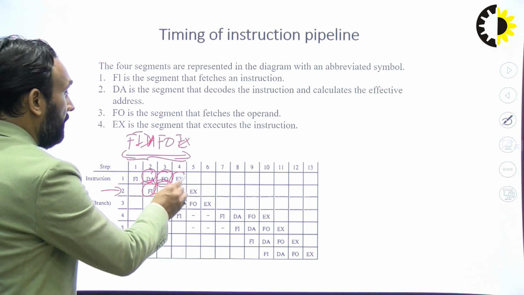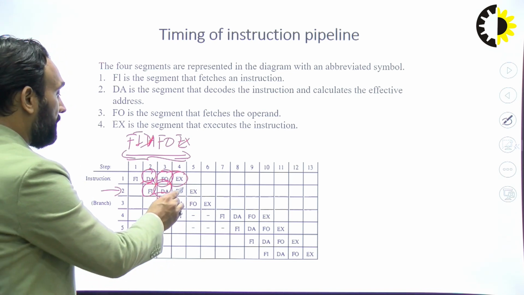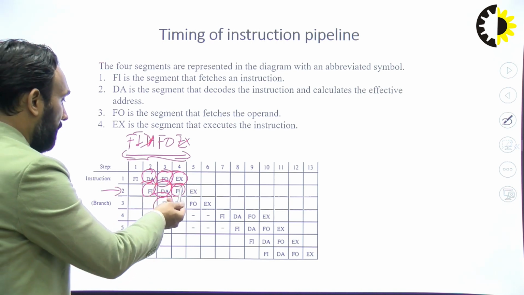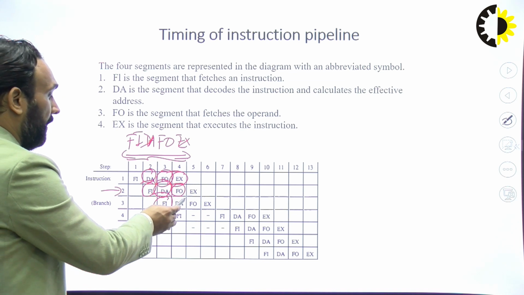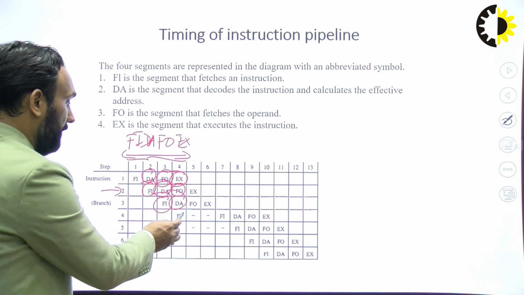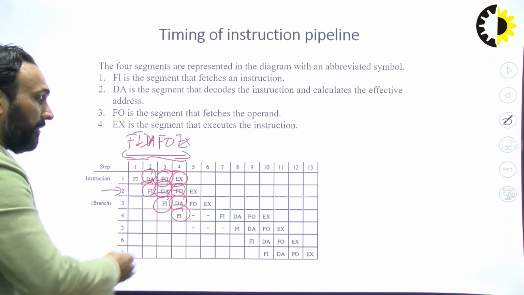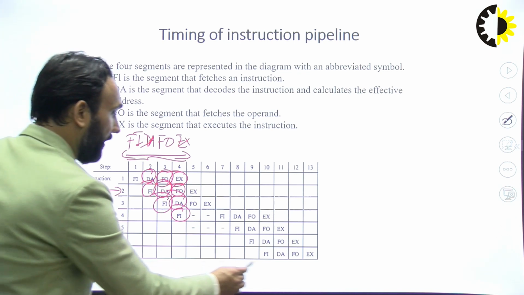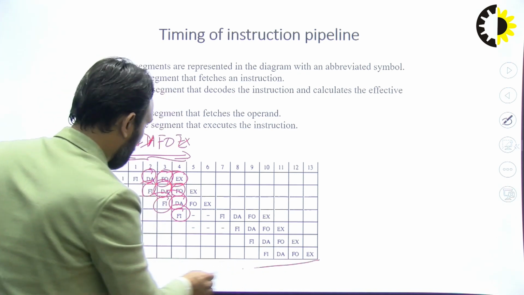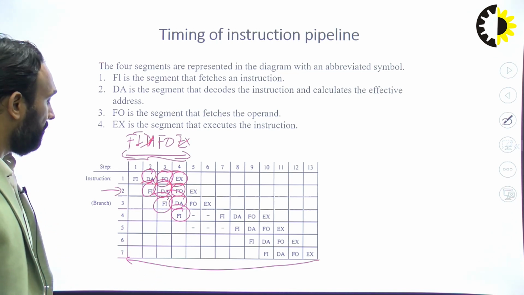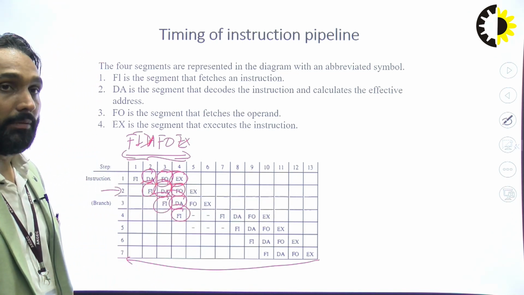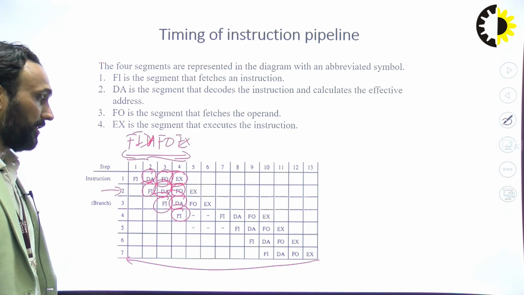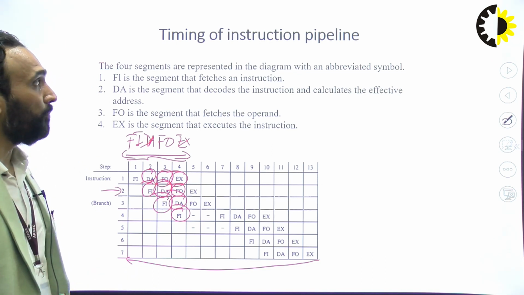Likewise, when the first one is executed, the second one is uploaded, or we can say fetch operand. After that, decode and fetch the fourth one. Likewise, if we go through this, we will find the time required to execute 7 instructions. That means we need only 13 unit time to execute these instructions. So it is an advantage of pipelining.